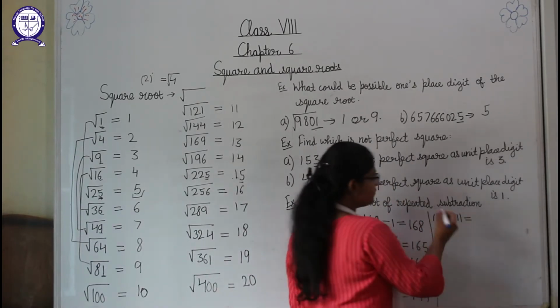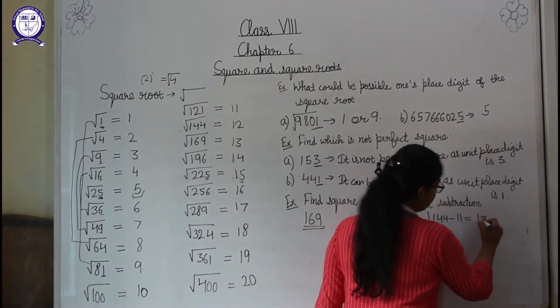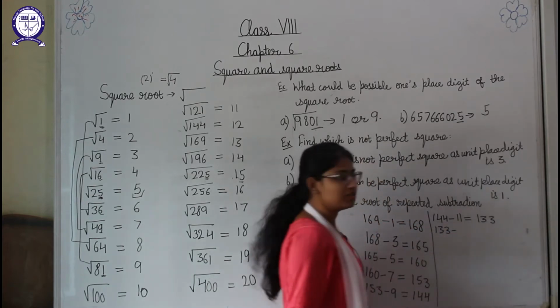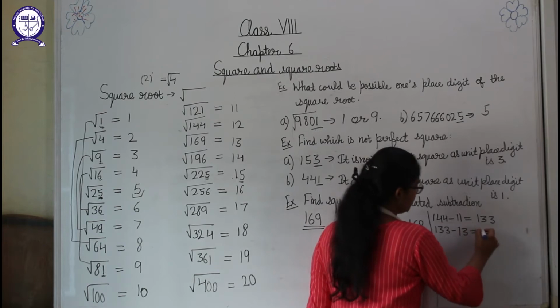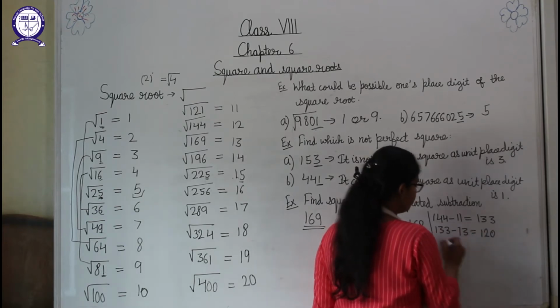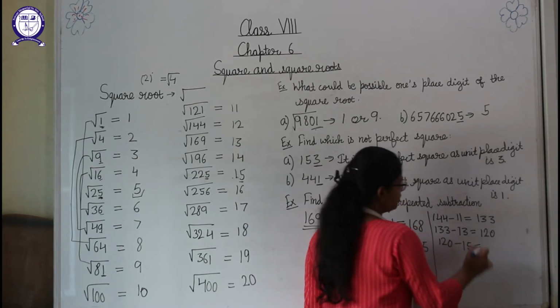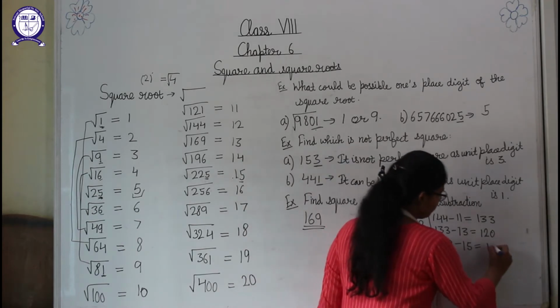So 144 minus 11, what will be the answer? 133. Now 133 minus, what will be the next odd number after 11? 13. So we subtract 13 and get 120. Then 120 minus 15, we are getting 105.